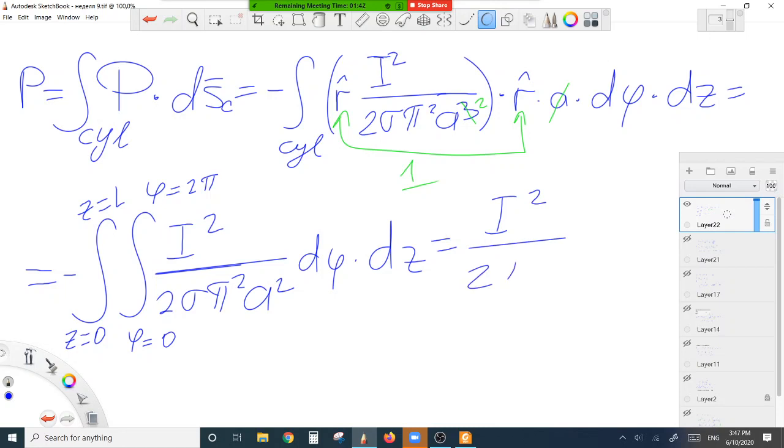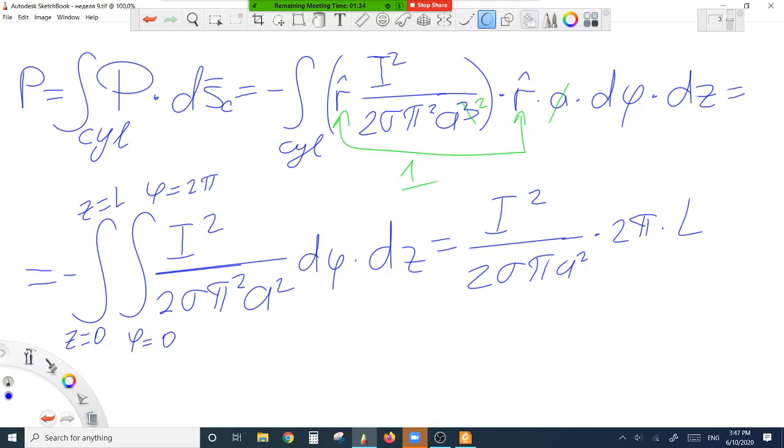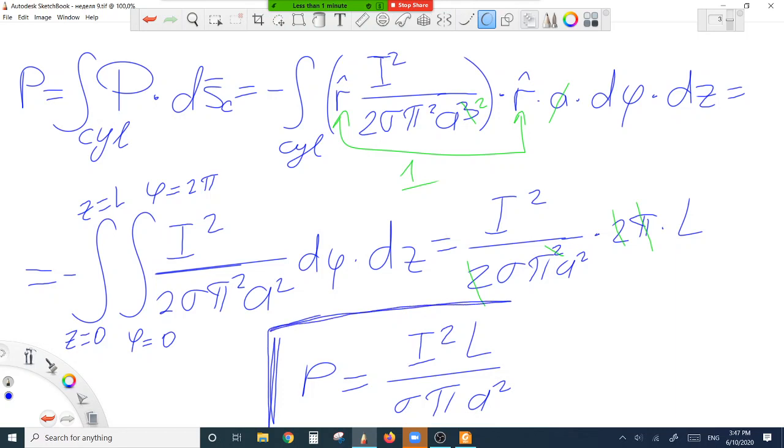So we get I squared over 2 sigma pi squared a squared multiplied by 2 pi multiplied by L. The 2 and 2 simplify, and one pi simplifies, and what we get is the power dissipated is I squared L over sigma pi a squared. And okay, here we forgot the minus.